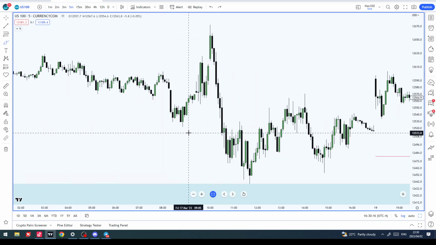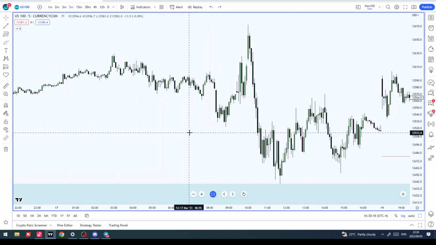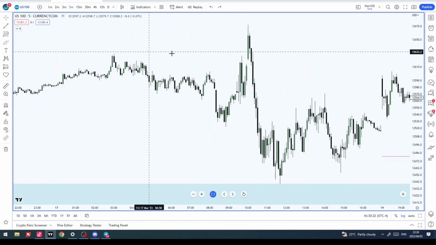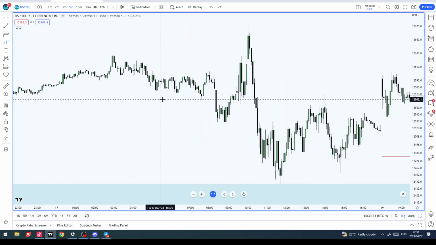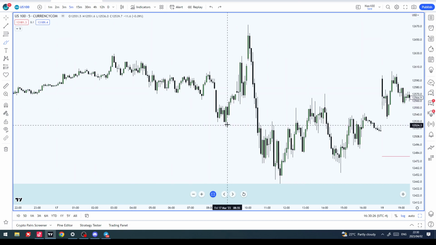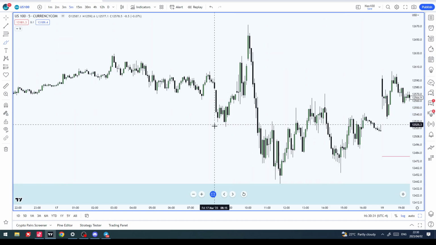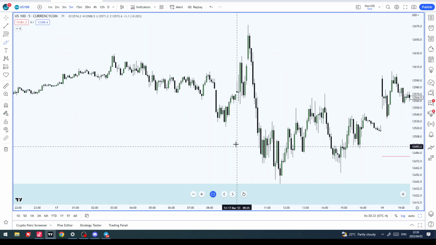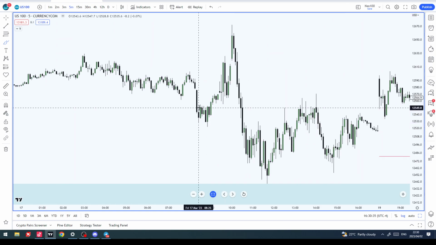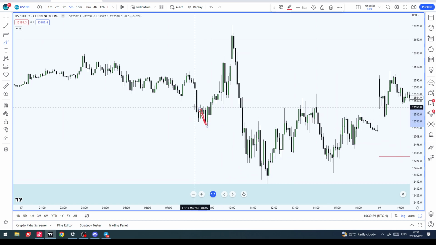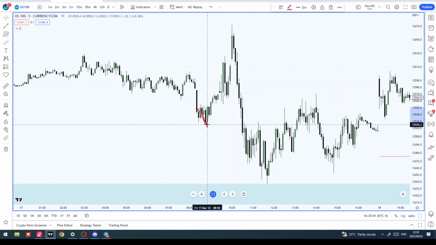My main reason for this not being a bullish dealing range, even though I wanted it to be, is that the last candle here, or the lowest candle here, was an up candle. If this was a down candle, then maybe my thought would have been different. But you can't have the lowest candle here being an up candle.